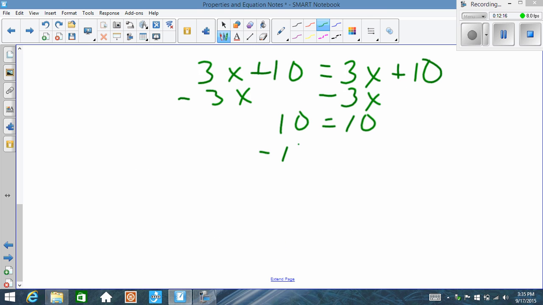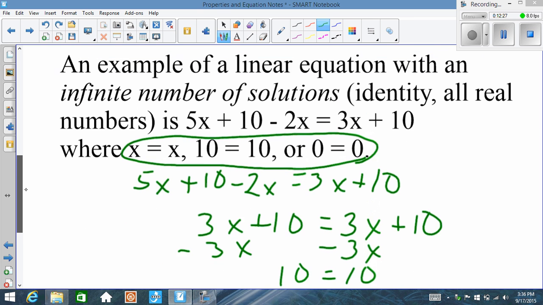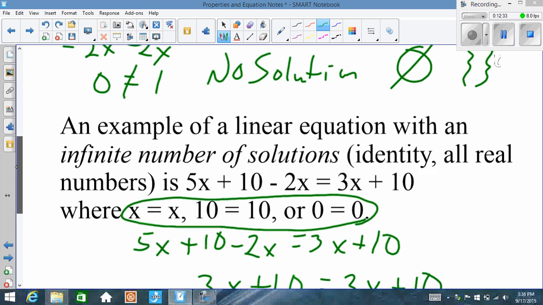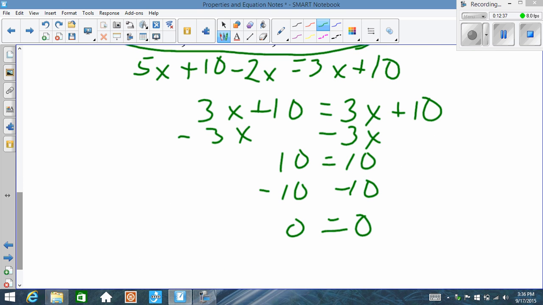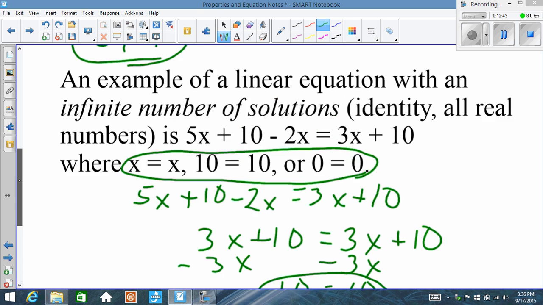I'll take 10 away from both sides, and we get 0 equals 0. So that's how we show that when that case happens, it's all solutions. You're going to either get x equals something, something that doesn't make any sense, which is no solution, or something that makes perfect sense, which is all solutions. So there are 3 types there.